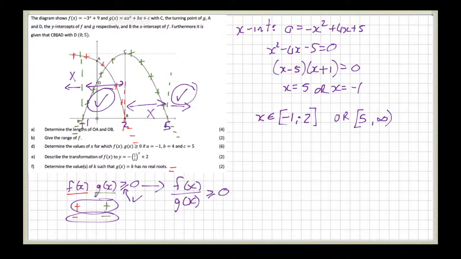Exactly the same as if I multiply them. So in other words, a positive over a positive, or a negative divided by a negative. Oh, but wait, sir. Do you mean that it's where both graphs are positive and both graphs are negative?